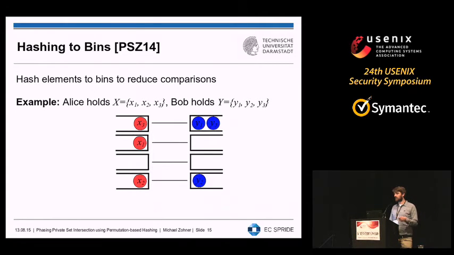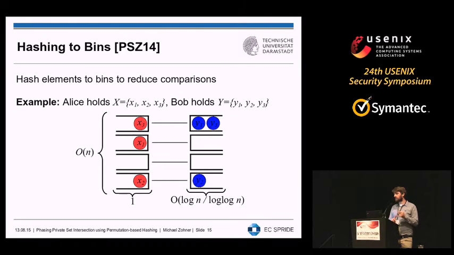Now clearly, if they input the same element, then the hash must have been equal. That means that the element was mapped to the same bin, and if they compare the elements in the bin, then the comparison succeeds, or finds the intersection. The overall number of bins is on the order of n, while on Alice's side, the number of elements in one bin is approximately 1 because we use a technique that is called cuckoo hashing.